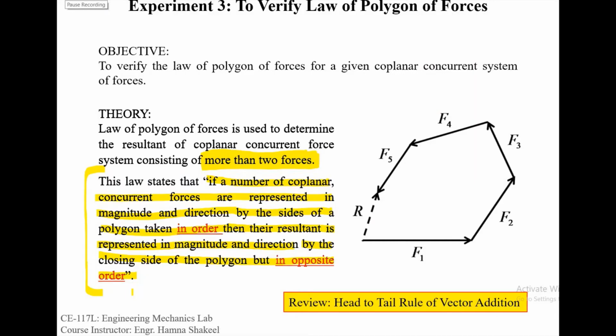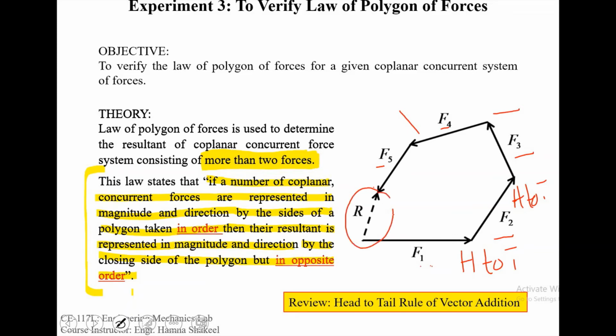So head to tail rule is not only limited to two concurrent forces, it can be extended to a number of coplanar concurrent forces. So if you see this arrangement of the forces, force F1, F2, F3, F4 and F5, they're all connected in order. I'll just write head to tail, head to tail, head to tail, head to tail, and their summation or their resultant is represented opposite to the order.